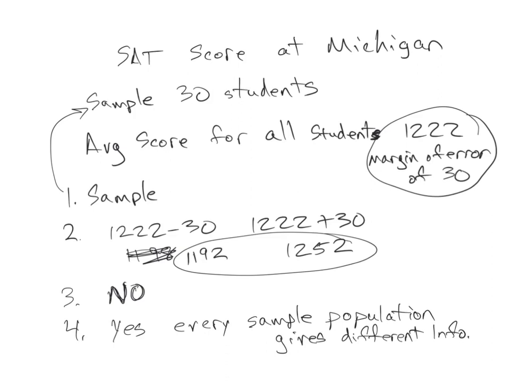Now you're hoping that every random sample is going to be fairly close to the actual information. And again, the more you sample, the closer you're going to get to the actual answer. So this is making sure we understand margin of error.